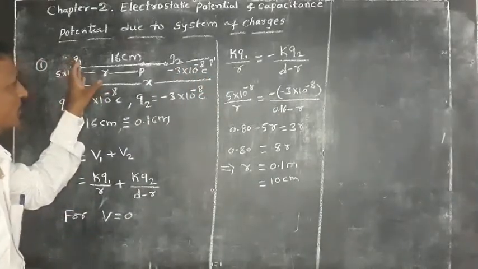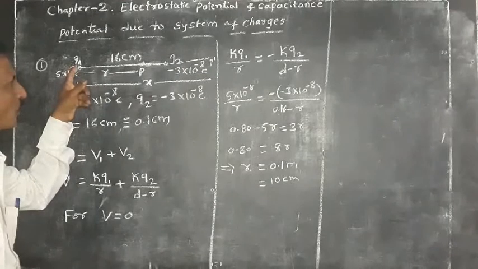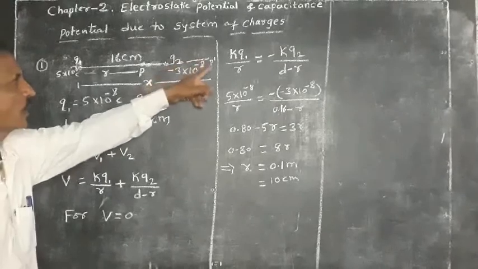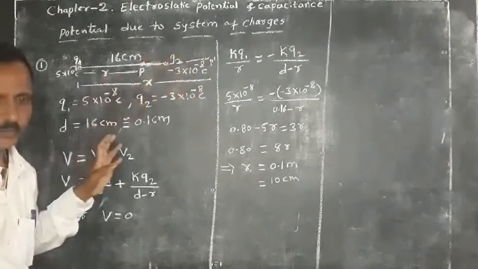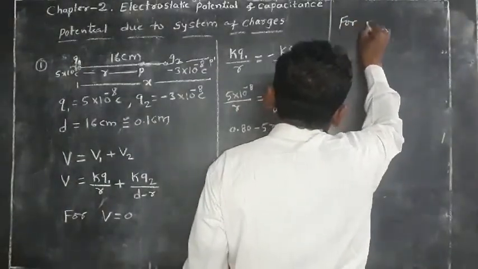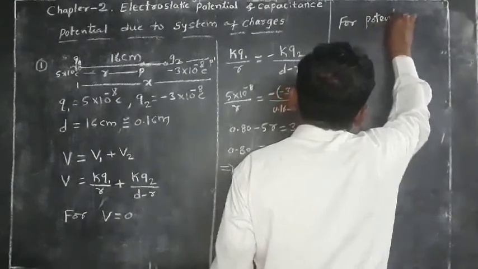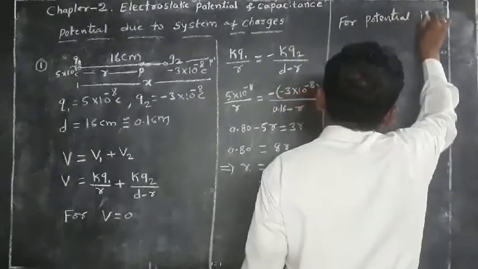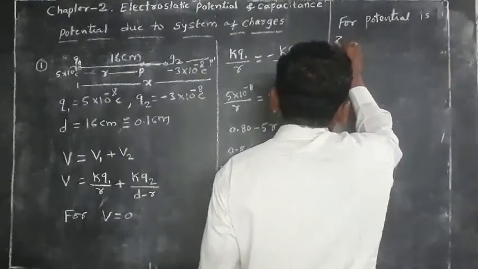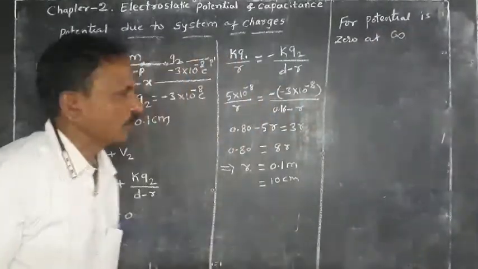total potential at P dash is equal to the sum of potential due to Q1 at P dash and potential at P dash due to charge Q2. Therefore, potential is 0 at infinity.